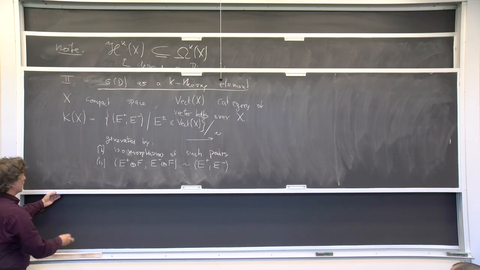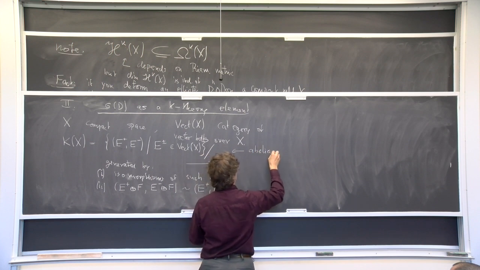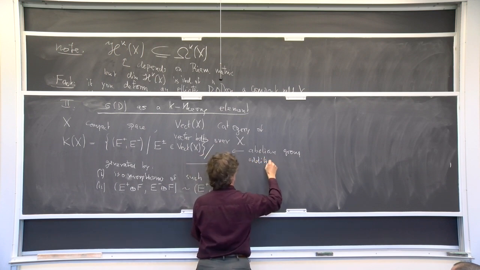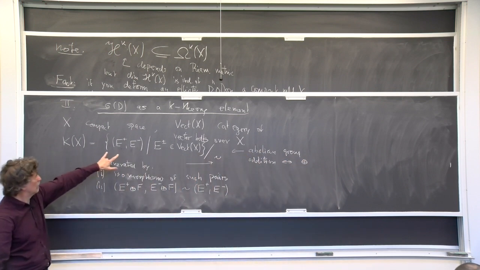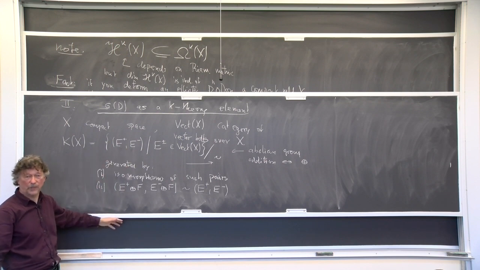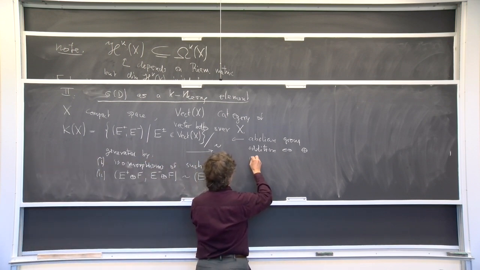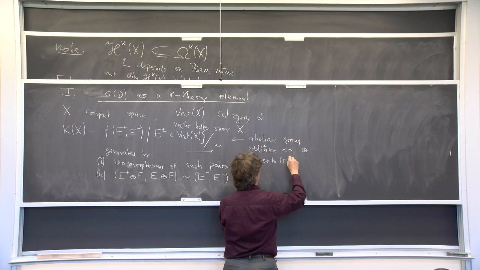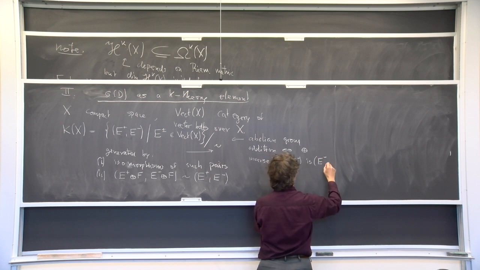The point of doing this is that this becomes an abelian group. And the addition is given by the direct sum of such pairs. So you add two such pairs by adding each of these components. And the point is that you want an inverse. And you can show that the inverse to E plus, comma, E minus is E minus, comma, E plus.